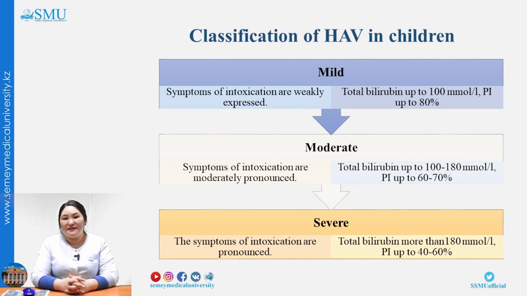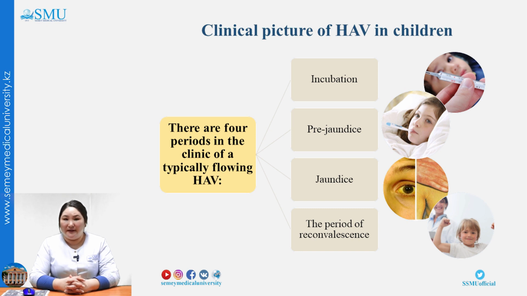In moderate forms, symptoms of intoxication are moderately pronounced, total bilirubin is increased up to 100-180 micromole per liter, and prothrombin index decreased to 60-70%. In severe cases, there is acute severe intoxication, total bilirubin is more than 180 micromole per liter, and prothrombin index decreased to 60-40%.